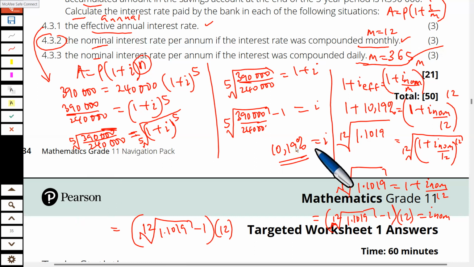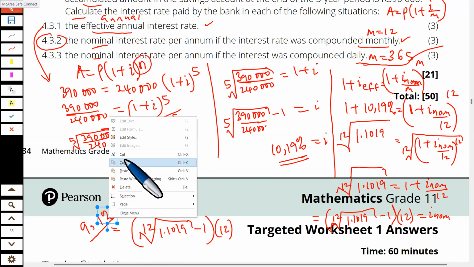So it is 9.74%. Okay, yeah, so it is 9.74%. Can you do it again? Because it must be this.